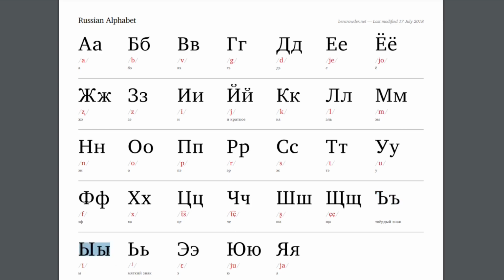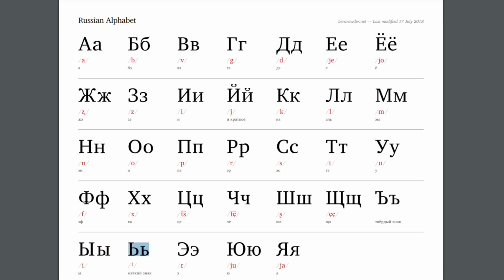And this sound has no equivalent in English. It's like an E from the back of your throat, sort of like a cross between a Y and a double E. I don't really know. There's no equivalent for it in English.